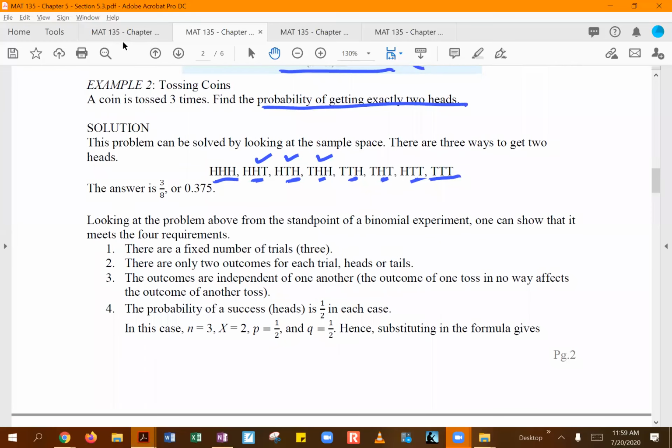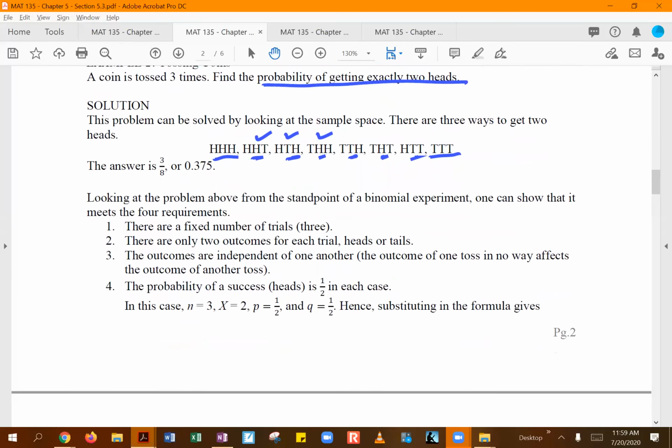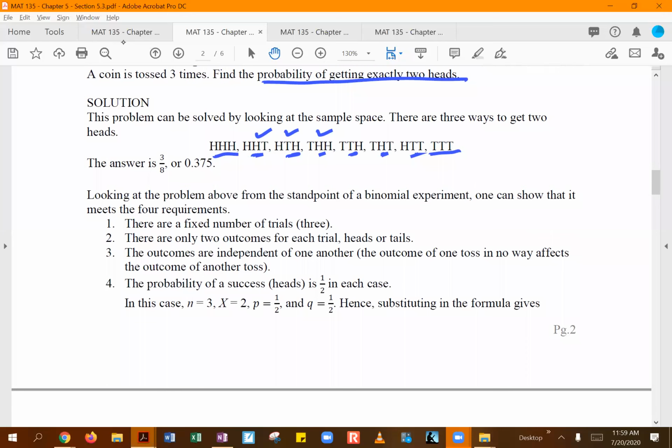Now to use it with our formula over here, they're talking about, we do have a fixed number of trials because we're only tossing the coin 3 times. So we do have that. The outcome for this experiment would of course be they either land on a head or a tail. So we do have those 2 outcomes. So it satisfies that. The outcomes are of course going to be independent of one another.